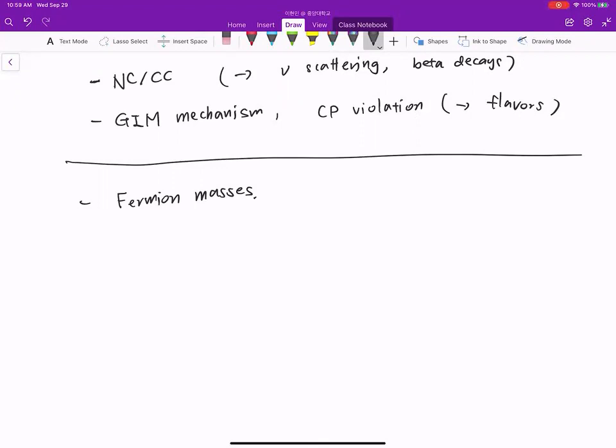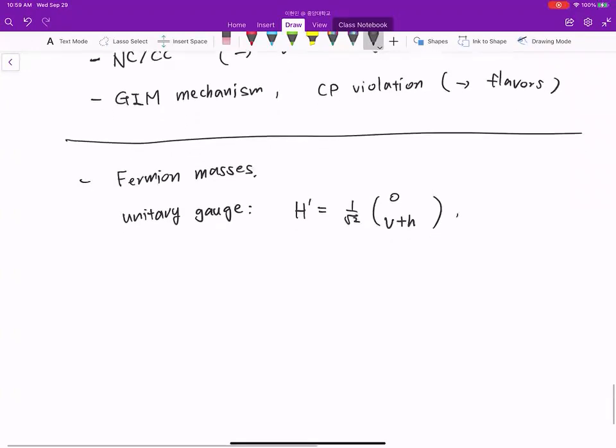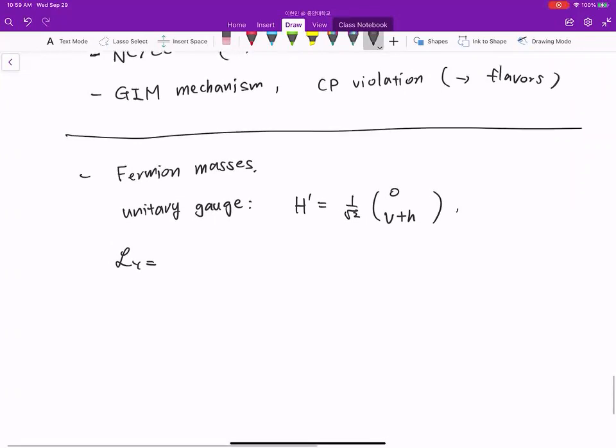So for fermion mass, we choose the unitary gauge. Then for the Yukawa interaction, we are making a gauge transformation such that the Higgs doublet takes this simple form.